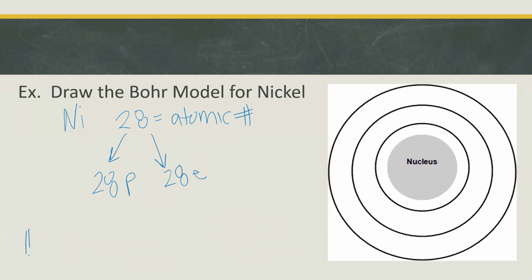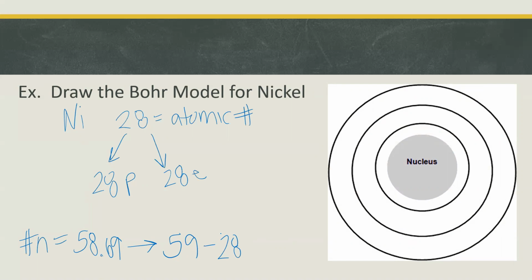And then to find the number of neutrons, I take the mass of nickel, which is 58.69. But I want a whole number, so I'm going to round that to 59. So a mass of 59 minus atomic number of 28.